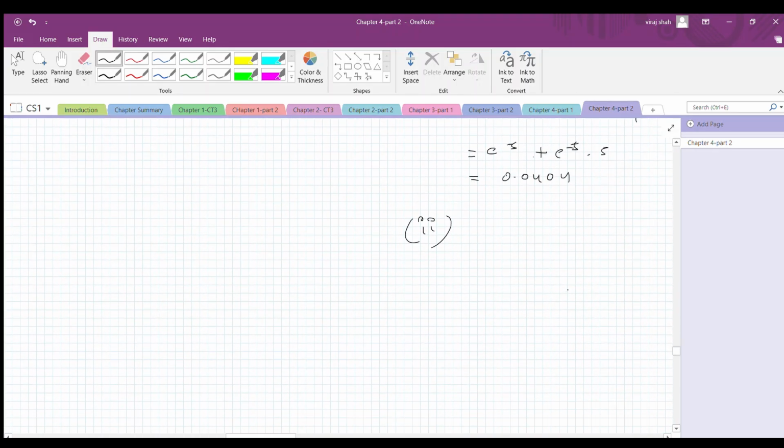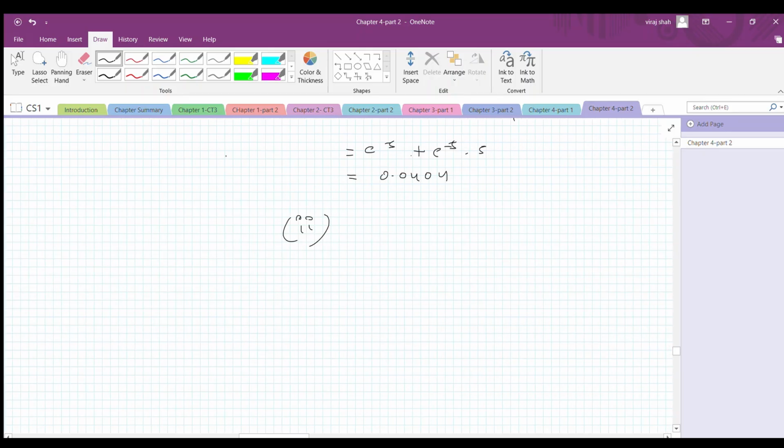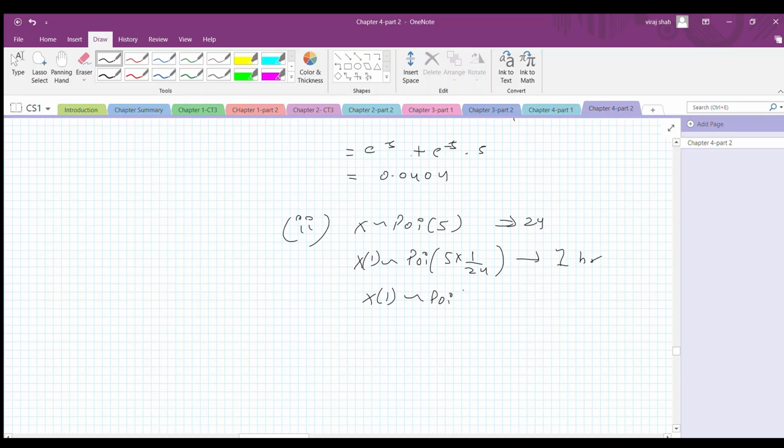If X follows Poisson with 5 in 24 hours, that is one day, then it follows Poisson 5 into T. What is T? 1 hour out of the whole day, right? So now this would follow Poisson with parameter 5 by 24.